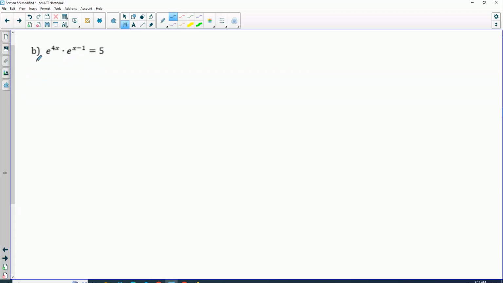If we are multiplying these bases, what do we do? Add. So 4x plus x minus 1, 5x minus 1. We cannot get a common base between e and 5. So our strategy from yesterday was to add a log. Typically we do just a log base 10, but on the problems with e's, I said it was nicer if you did a natural log.